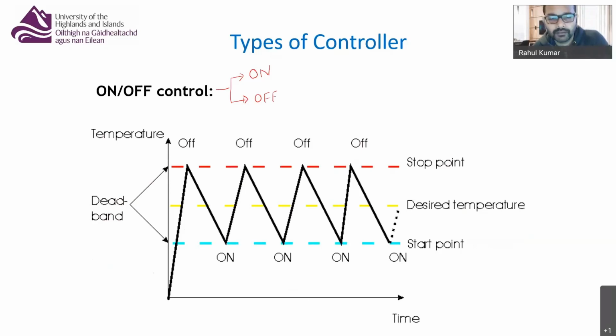So it acts like a switch. If a certain condition is there, it will turn on your system or your plant, and if a different condition is met, it will turn off the plant or the process which your controller is connected to.